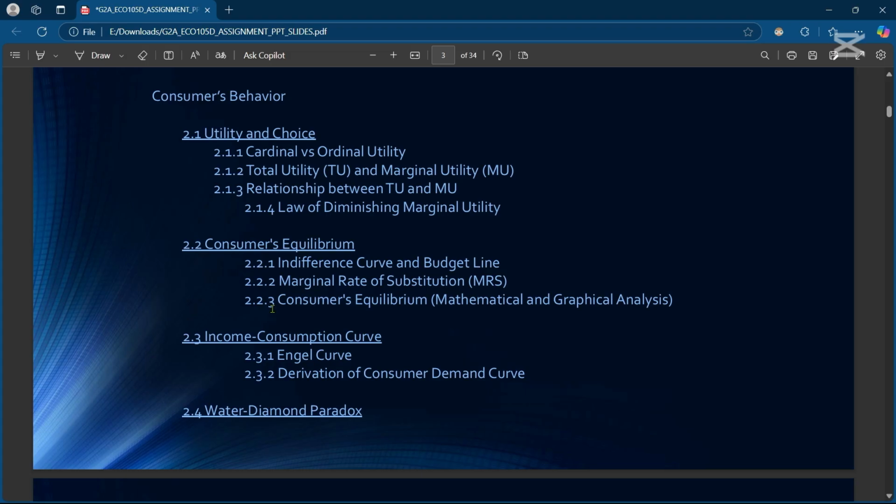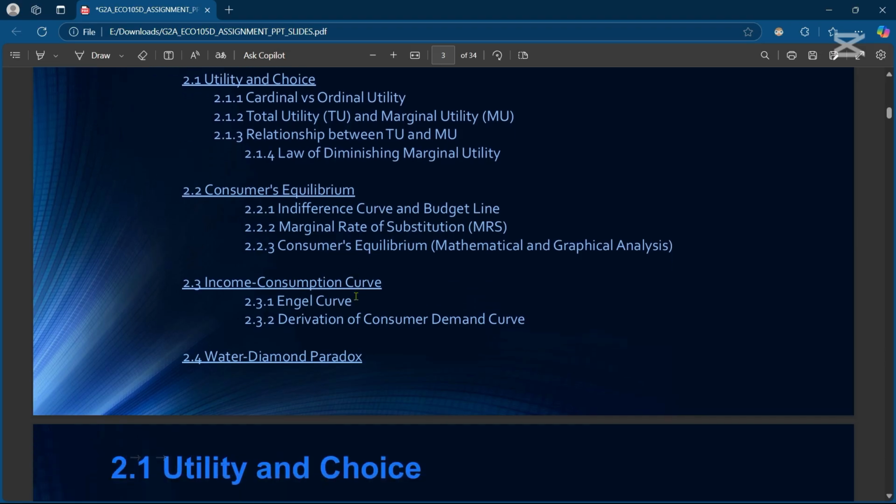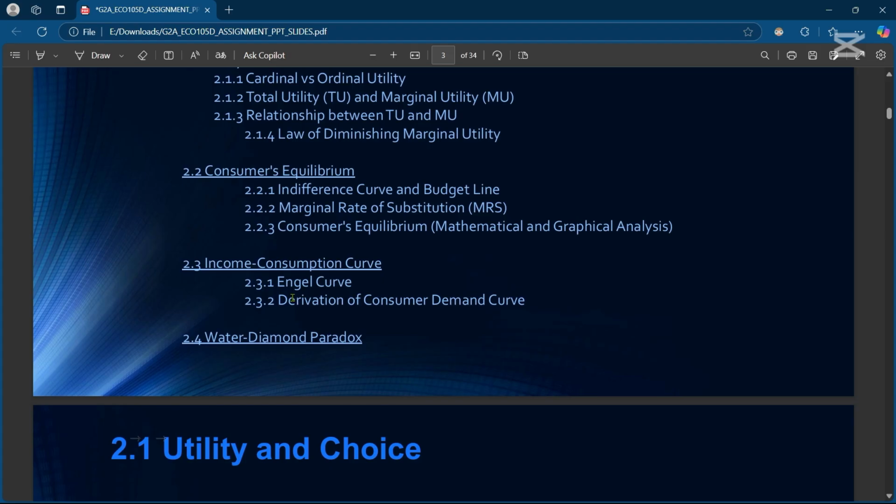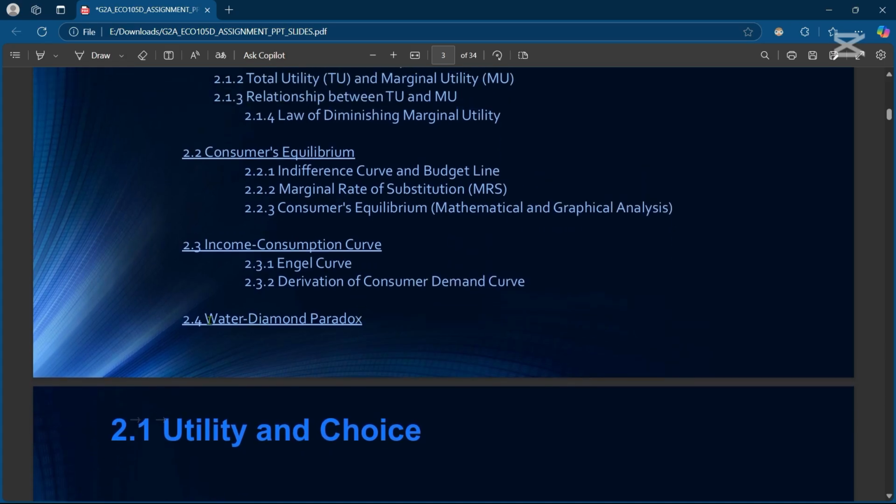In consumer equilibrium, we have indifference curve and budget line, marginal rate of substitution, and consumer's equilibrium. In income consumption curve, we have Engel curve and derivation of consumer demand curve. And lastly, we have the water diamond paradox.